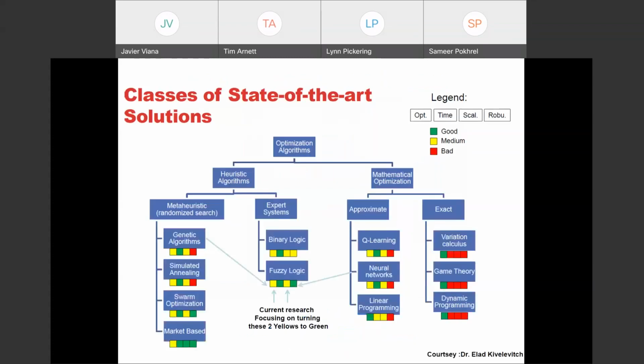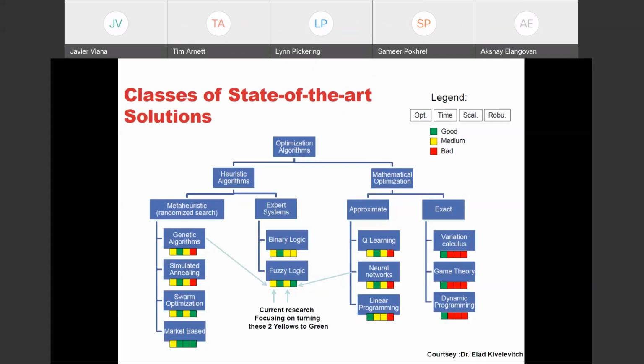So this graphic is showing quote unquote state-of-the-art solutions for a number of different problems in both machine learning and optimization. Under the umbrella of optimization, we have several algorithms under heuristic methods, which include things like genetic algorithms, simulated annealing, et cetera, and also expert systems, which can be based on binary logic, like a classical decision tree, or fuzzy logic, which is what our focus is.